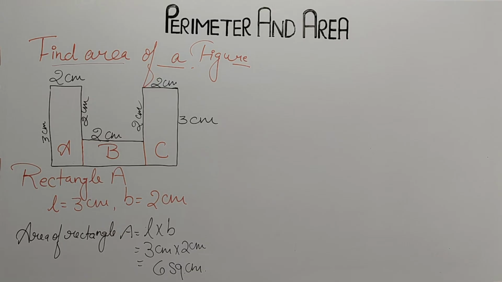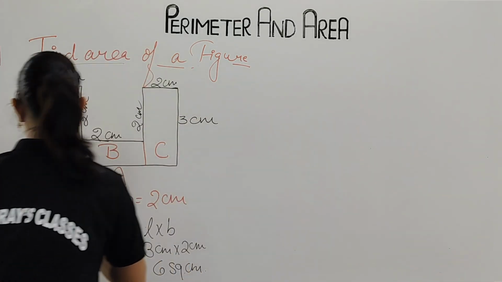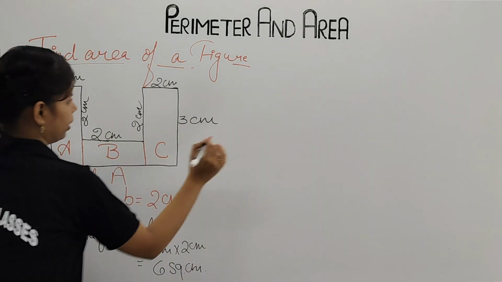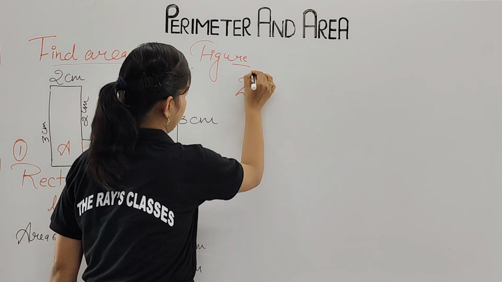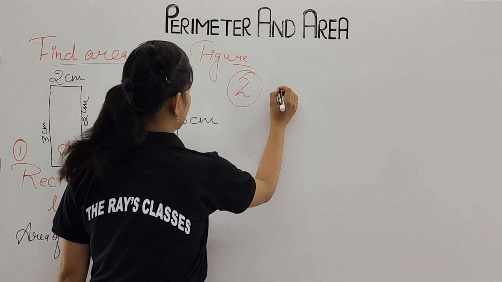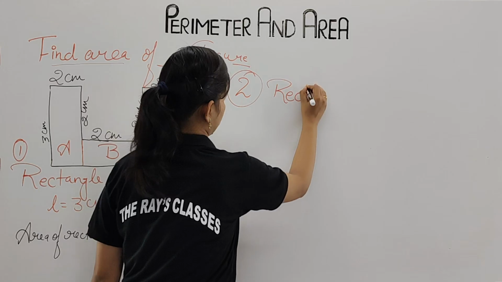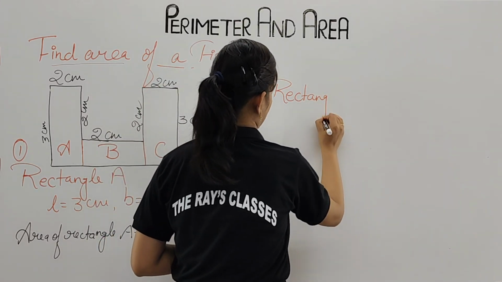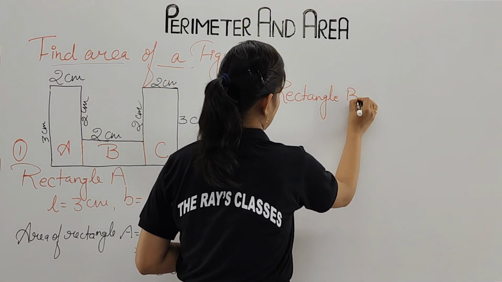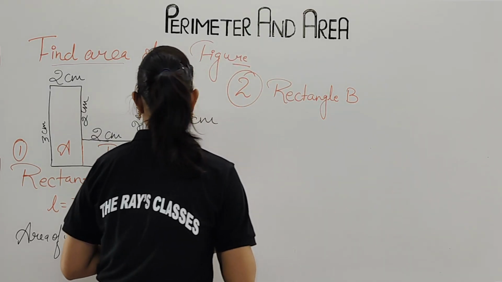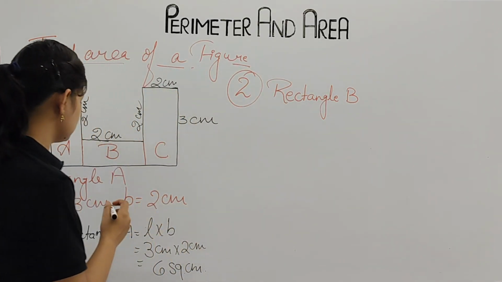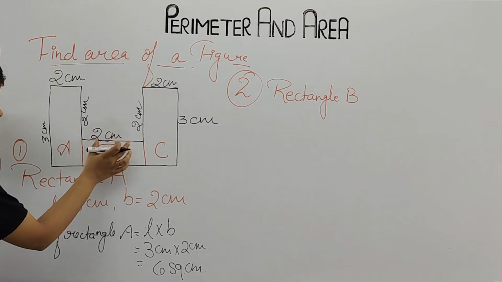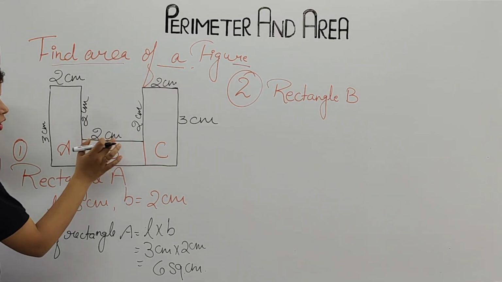Clear? Next. This was our first part, part A. Let's talk about the second one. The second is your rectangle B. Clear? You can see this is your rectangle B. The length is given. How many centimeter? 2.